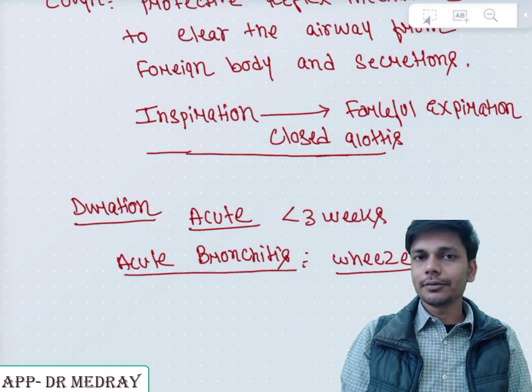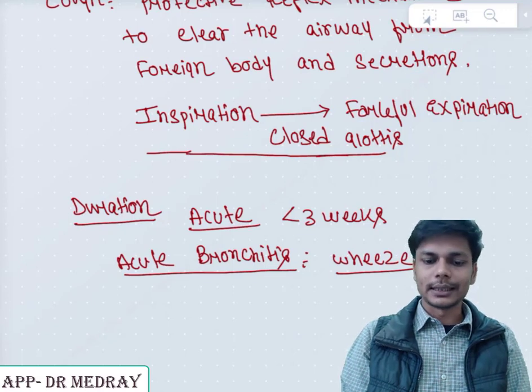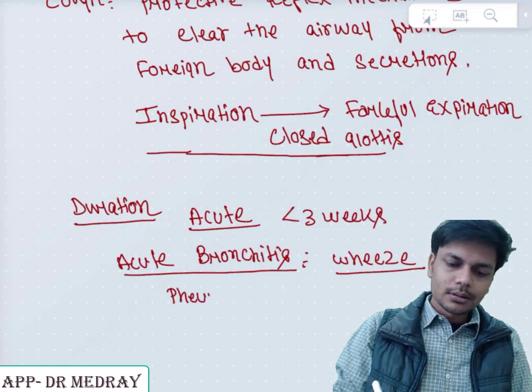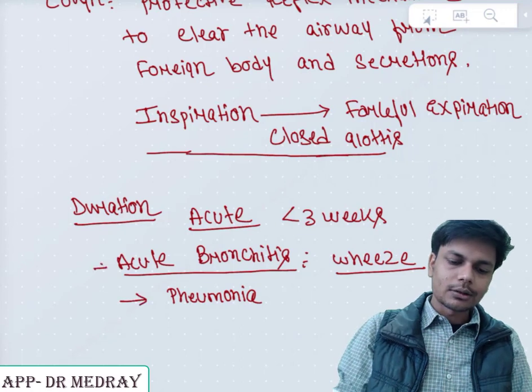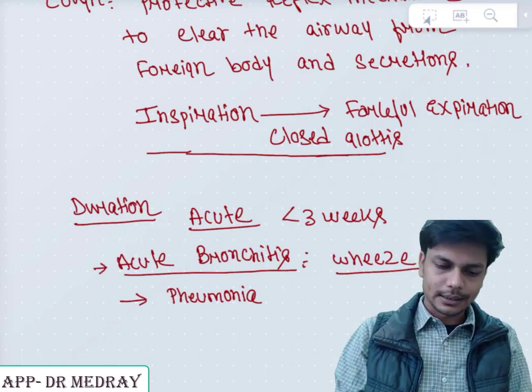Wheeze is also a feature of acute bronchitis. When we think of wheeze, we think of asthma, or chronic obstructive pulmonary disease. But remember, acute bronchitis can also sometimes present with wheeze. Pneumonia can also present to us with acute cough of less than 3 weeks.